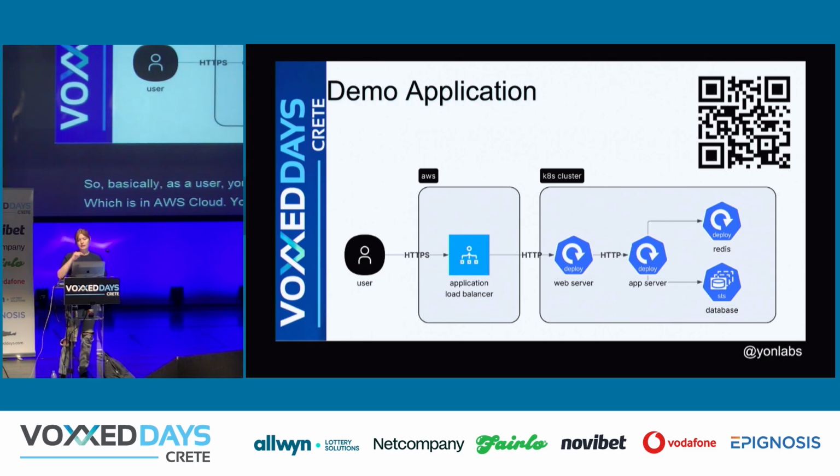But the application load balancer connects via HTTP only to a web server deployed in our Kubernetes cluster. And then there is an application server also deployed in the cluster, as well as a database and a Redis server.